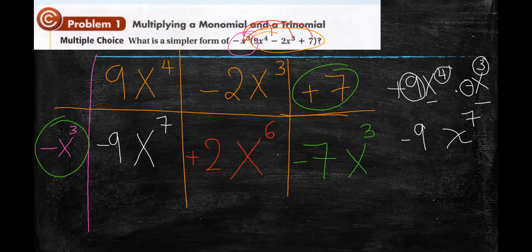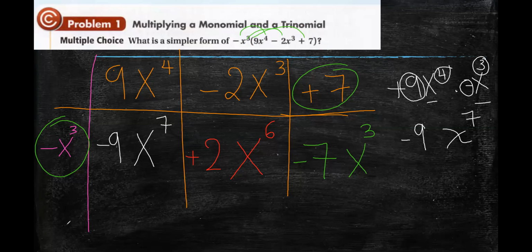Is it clear? Yes. This is another way you can use the distributive property: multiply negative x cubic with each term. You can do it horizontally or vertically, as we did here.